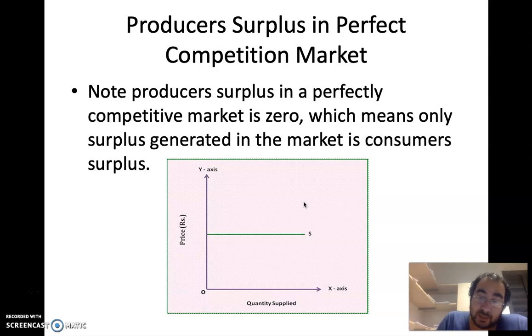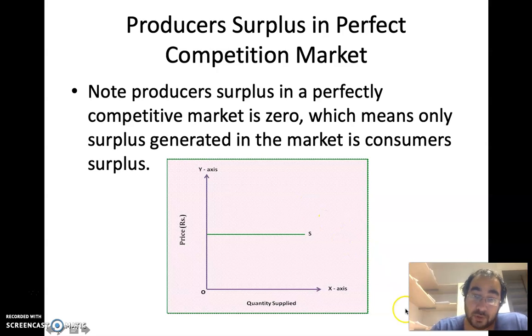But as an independent institution, it is impossible to produce at a price less than the price at which the producers in a perfectly competitive market produce in the long run.